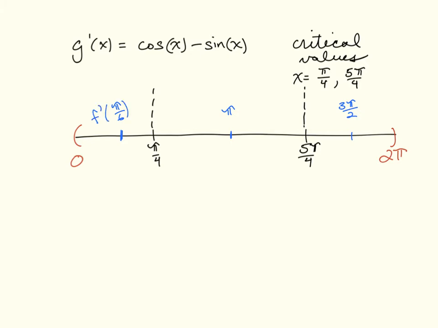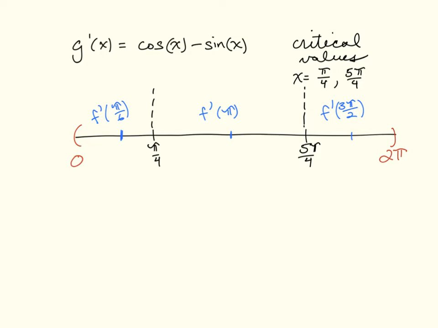And we must evaluate the derivative at all of these test points. If the derivative has a positive value, then we can say that the original function is increasing at that interval. And if a derivative has a negative value, then we can say the original function is decreasing at that interval.